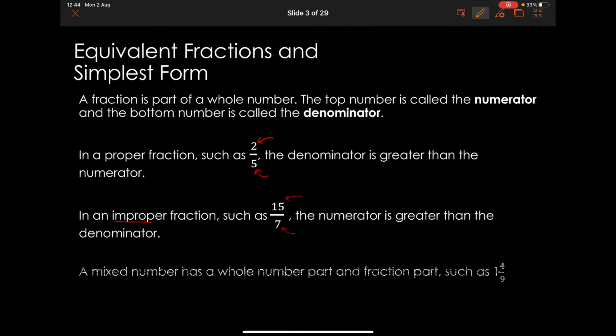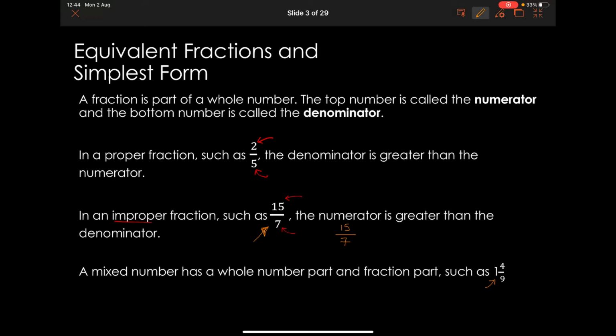Now, a mixed number has a whole number part and a fraction part. For example, 1 and 4/9. This happens when we take an improper fraction like this one and we say how many whole ones there are and how many parts there are left. Now, if I was to look at 15/7, a whole one is how many 7s go in.